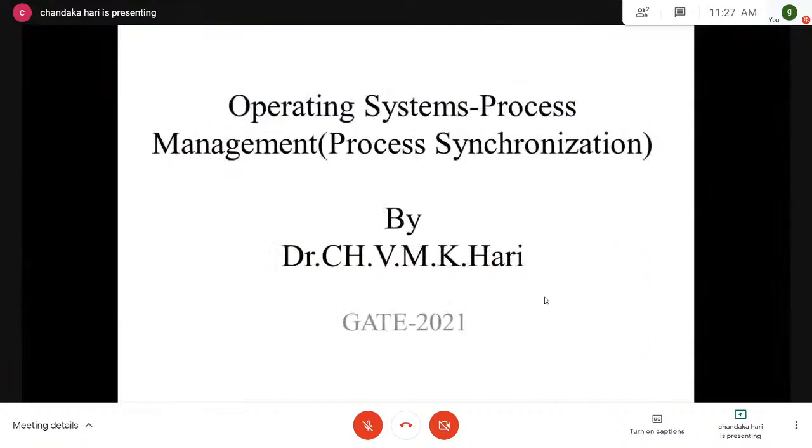So now we're going to the next topic of discussion in process management, which is process synchronization. This is really the heart of the operating system, and this is what computer science people generally do as challenging tasks in the software industry, that is, data sharing problems, which are dealt with in process synchronization.